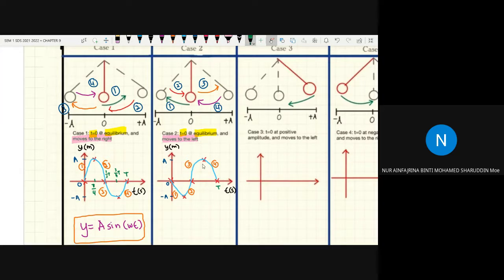And here will be 3/4 T. And here will be T/2 and here will be T/4. So you will get a negative sine graph. Therefore it is negative A sin omega t.